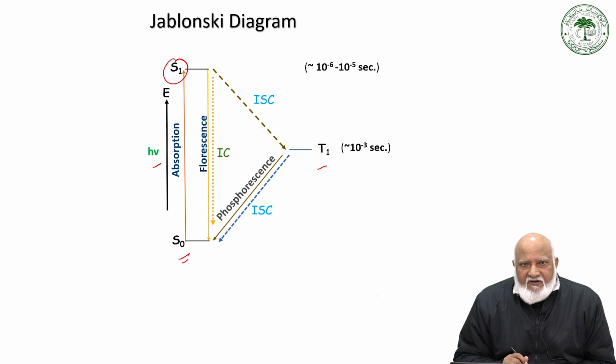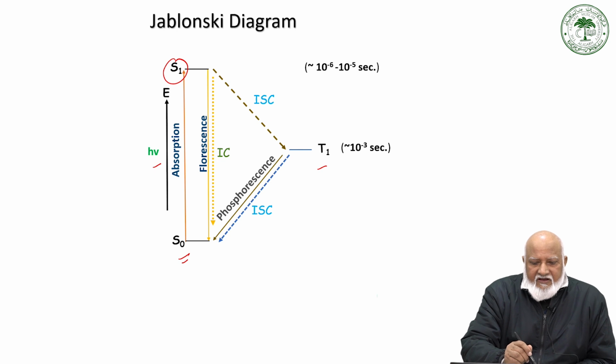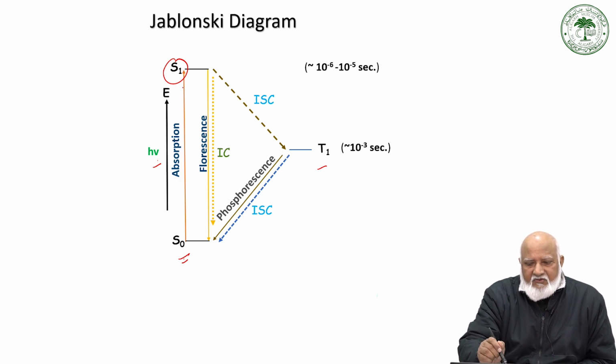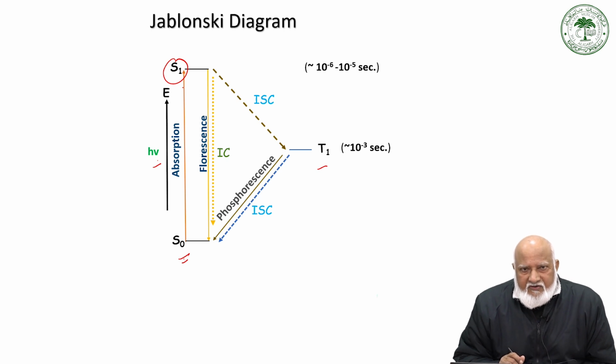This is the most simplified version of the Jablonski diagram, where S0 on absorption of light goes to S1, and then S1 comes back to T1, and so these excited states can undergo different radiative and non-radiative processes.